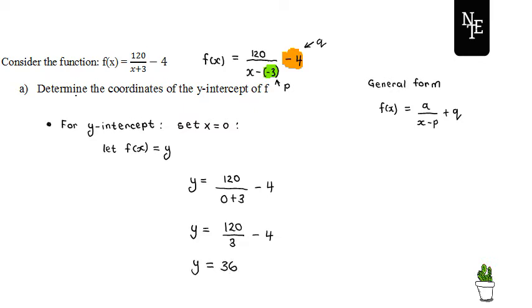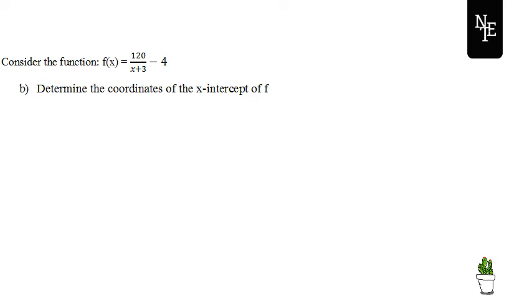Since we are looking at the coordinates of the y-intercept, that's therefore going to be a y-intercept at the point (0, 36). So there we go. We've now successfully determined the coordinates of our y-intercept. So next question.